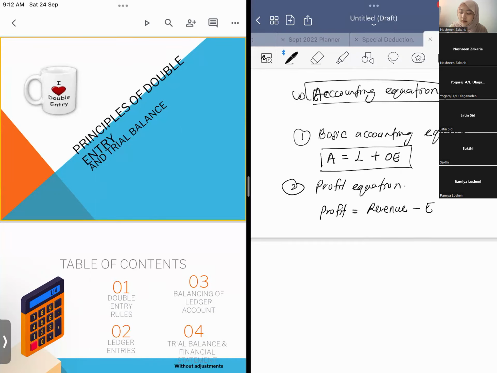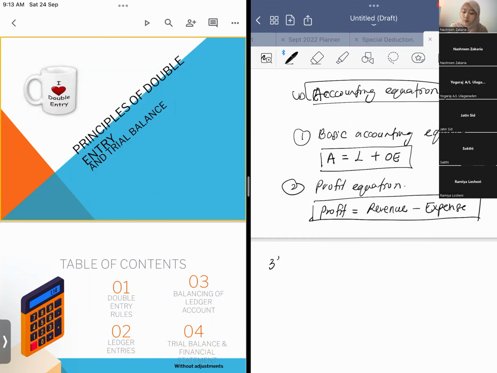Yes, correct. So an equation is like the formula on how you get profit, just like how you get the total of assets. If you want to calculate how much profit the company earned during that year, you take the total revenue minus the company's expenses. So you will get the company's total profit or net profit. That is what equation means.